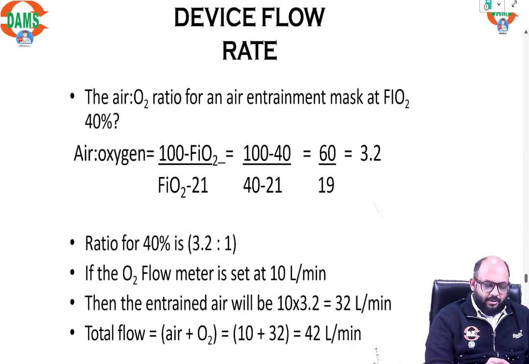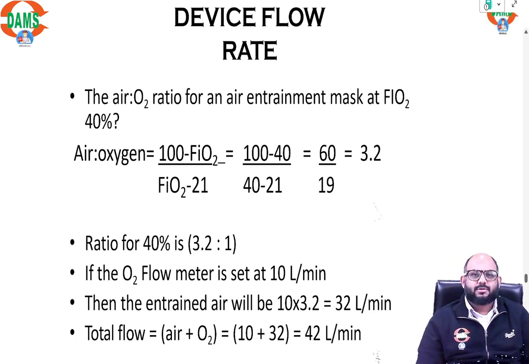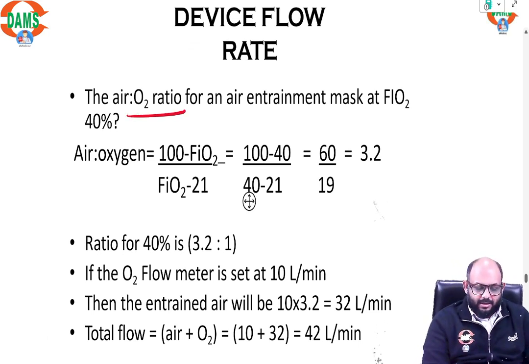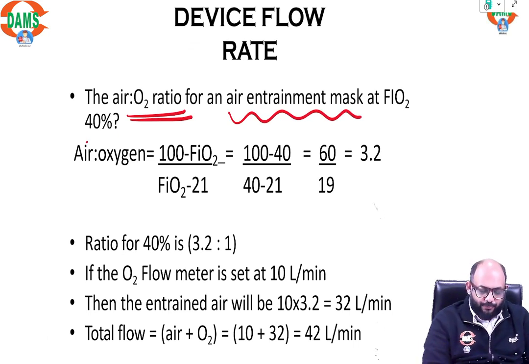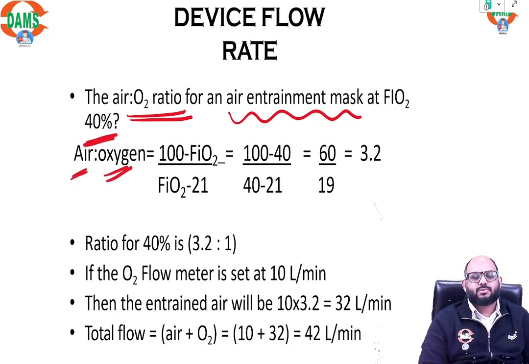Now, how to calculate the device flow rate? Device flow rate would be the air to oxygen ratio for an air entrainment mask at FiO2 40%. So basically divide the air by oxygen.